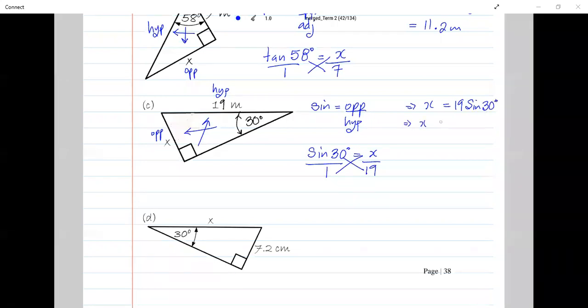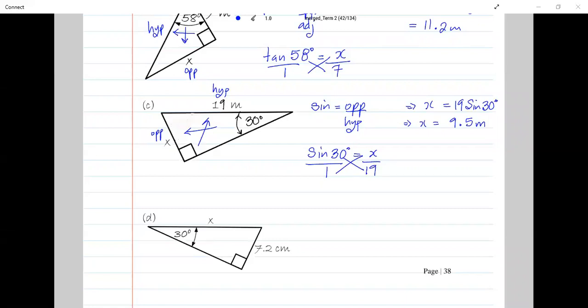Therefore, x would be equal to... put that in our calculator and press equal, x would be 9.5 meters. All right, so we're looking at how to use trig ratios to find the length of an unknown side of a right angle triangle.